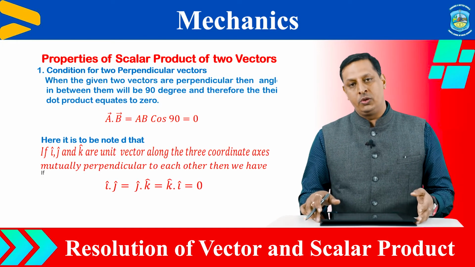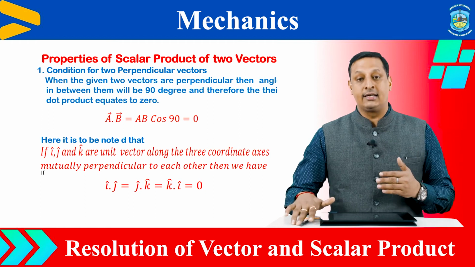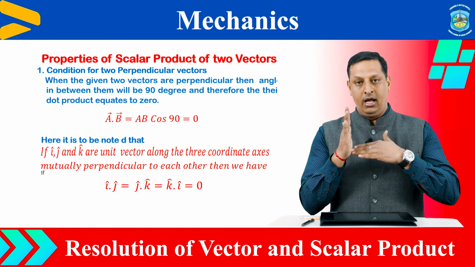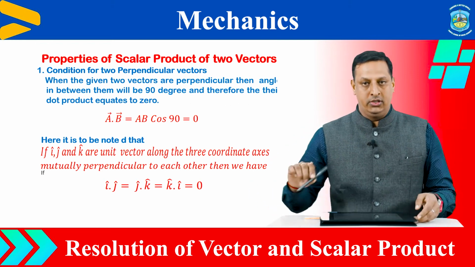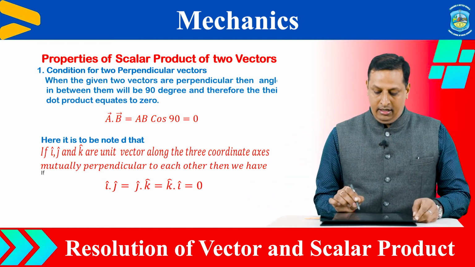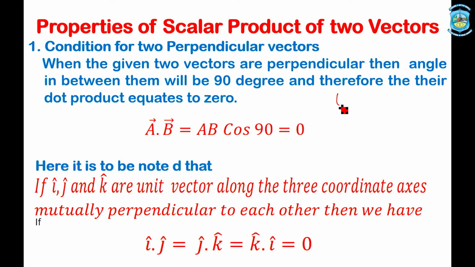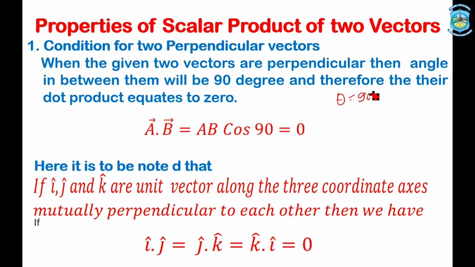Now let us discuss some properties of scalar product or dot product. The very first property is what? The condition for two vectors to be perpendicular. If we have to find out the dot product of two vectors which lie exactly perpendicular to each other, I mean to say they are forming 90-degree angle with their directions, that is theta in this case will be 90 degree, then from the expression of the dot product, that is what?